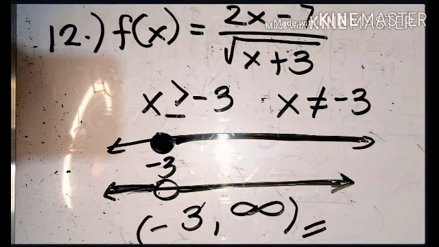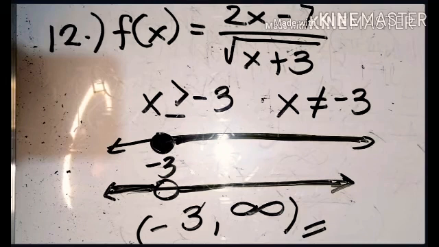Hindi naman siya agree sa rational function. Bakit naman hindi natin sinama yung negative 3 pababa? Kasi naman hindi siya agree dun sa radical function. Bawal yung mga negative numbers na magiging value din sa radical function natin.